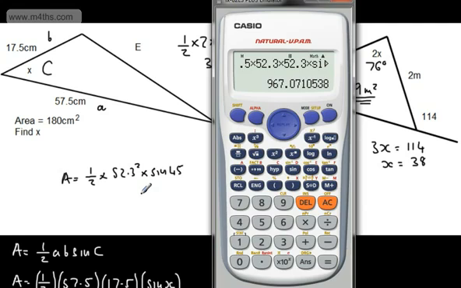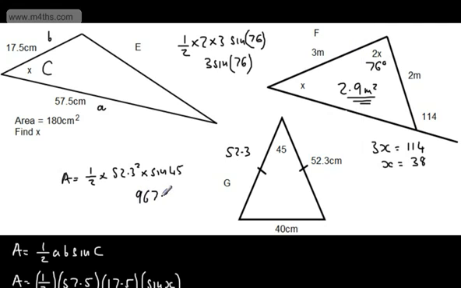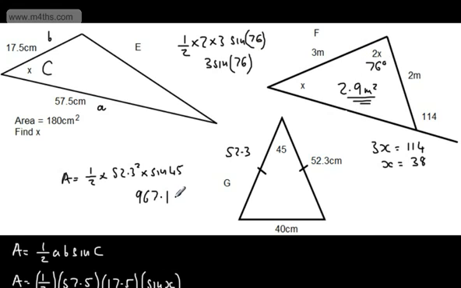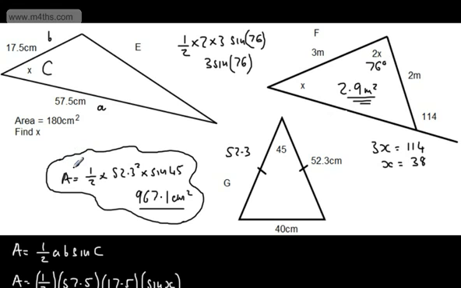So we're going to have 967, and let's just round that up. So that's going to be 0.1, and that's going to be centimeters squared. It's more likely that you'll do that to 3 significant figures as 967 centimeters squared. So it depends on the level of accuracy or the rounding that they ask in the exam, but anything along those lines would be perfectly fine.